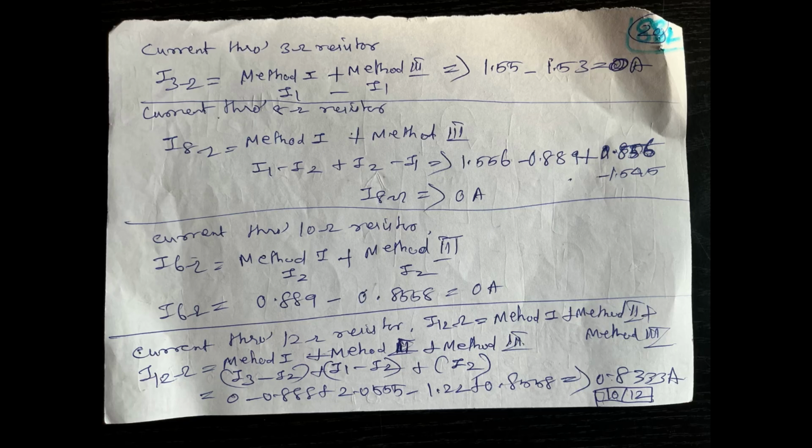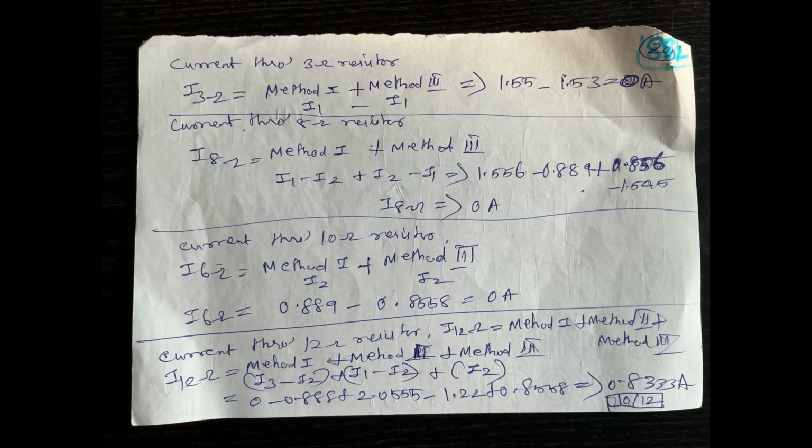The current through the 3 ohm resistor depends upon two voltage sources, so we consider method 1 and method 3, which are in opposite directions. So it is method 1 I1 minus method 3 I1. The current through the 8 ohm resistor depends on method 1 and method 3, the first and middle voltage sources, so it is method 1 I1 minus I2 plus method 3 I2 minus I1.